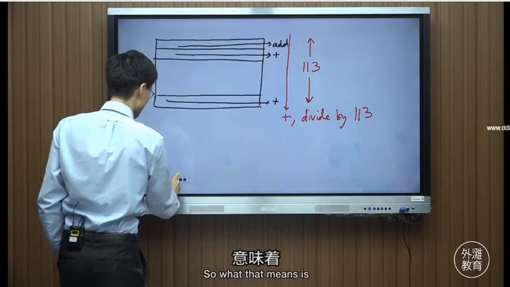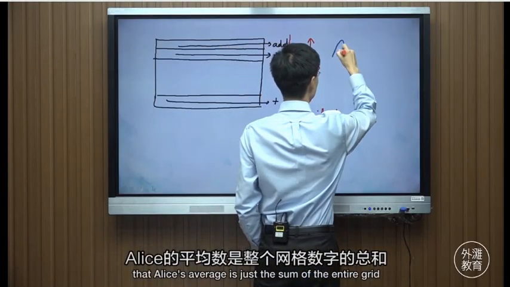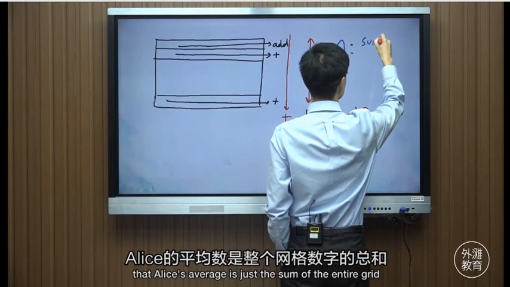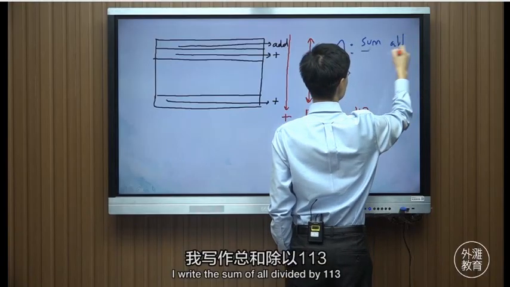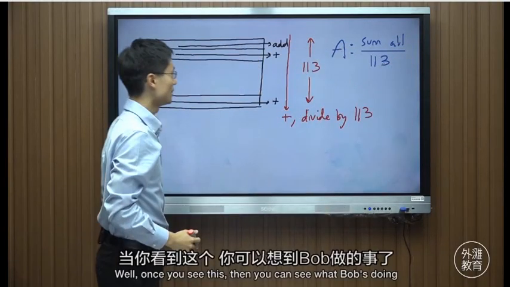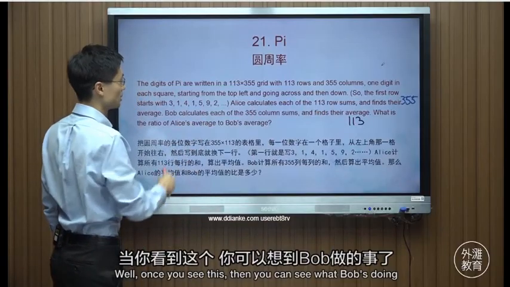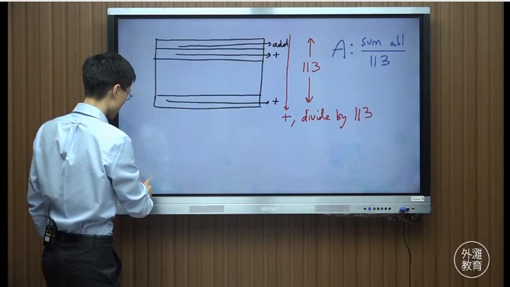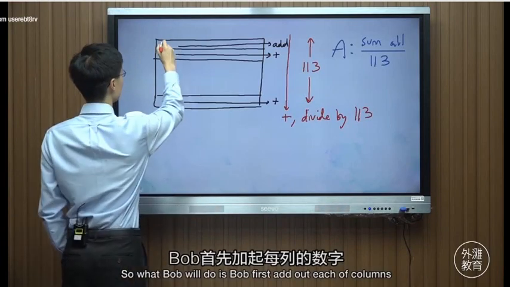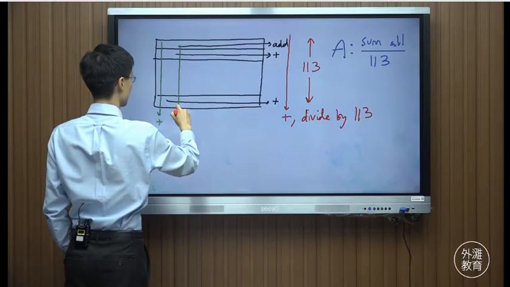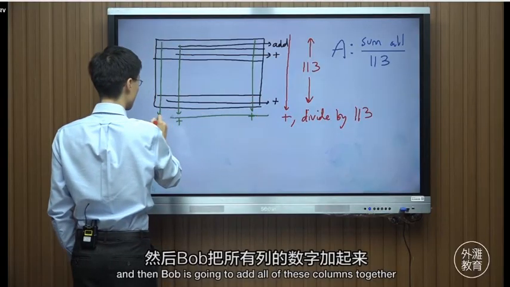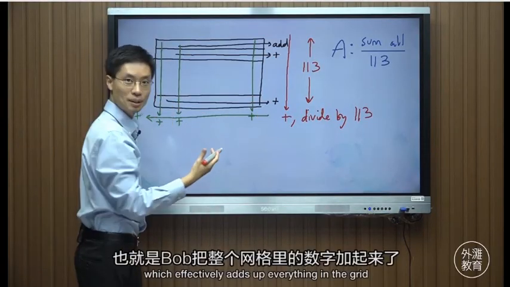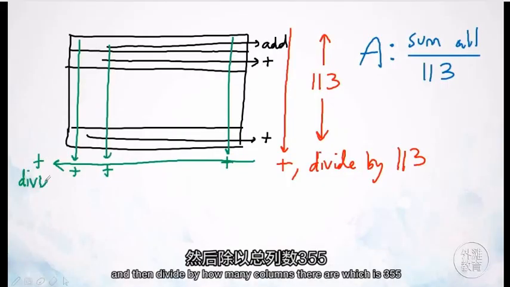So what that means is that Alice's average is just the sum of the entire grid, I'll write the sum of all, divided by 113. Well, once you see this, then you can see what Bob is doing. Bob is going to do this by column. So Bob will first add up each of the columns, and then add all of the columns together, which effectively adds up everything in the grid, and then divide by how many columns there are, which is 355.